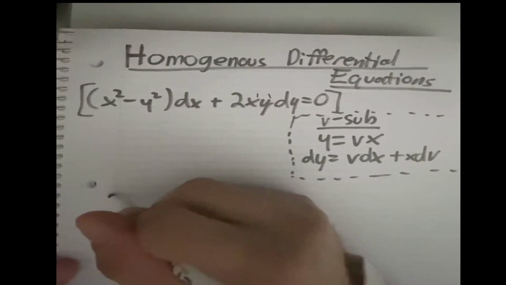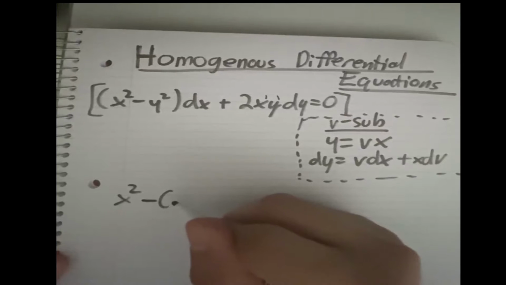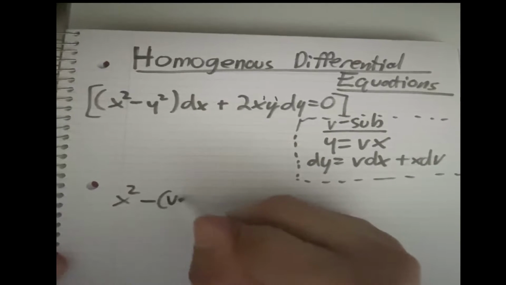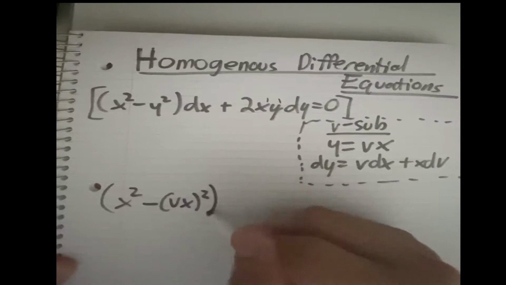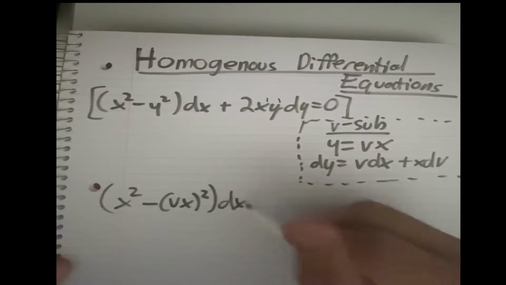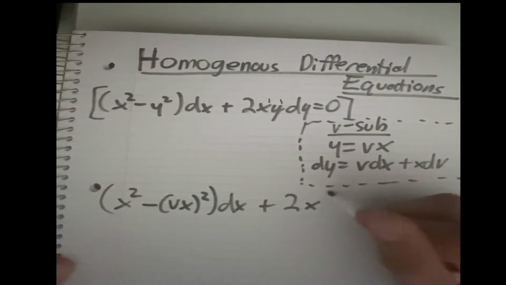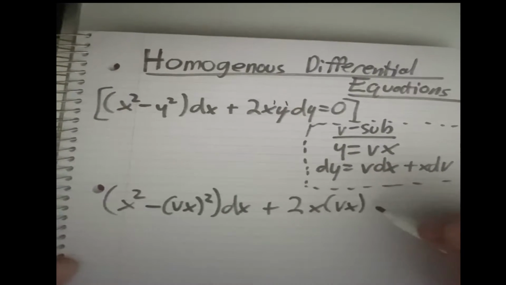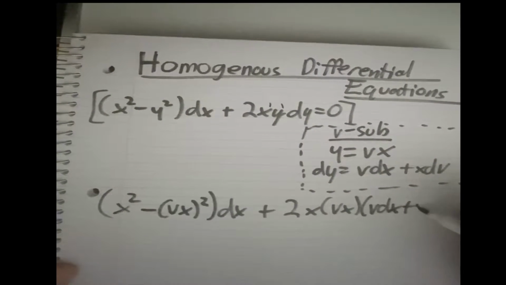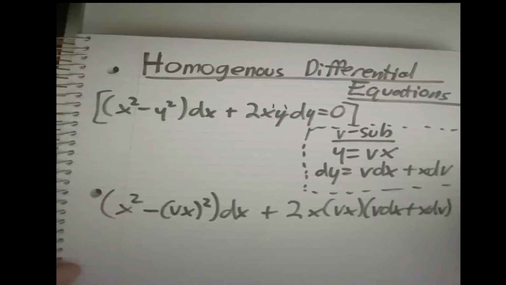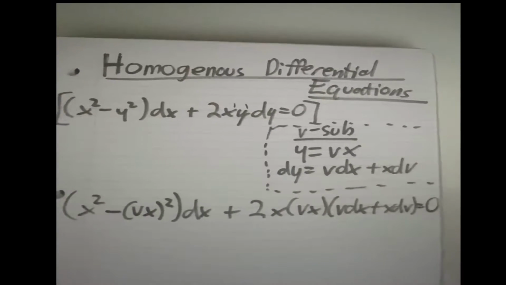So x squared minus our y, vx, squared, and then all this in parentheses, dx, plus 2x, and then our y substitution vx, and then our dy substitution, v dx plus x dv. All this would be equal to 0.